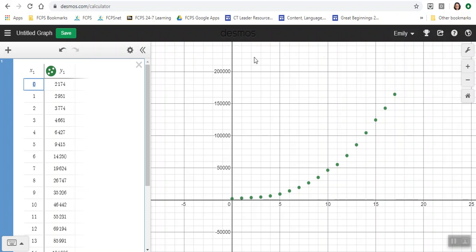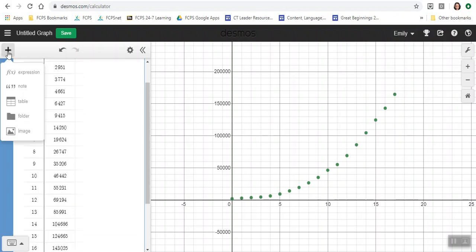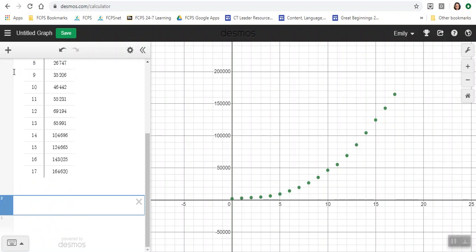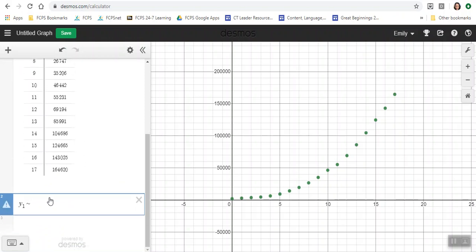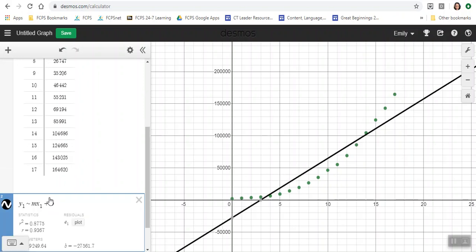Okay, so now we need to do the linear regression. So I'm going to scroll down to the bottom of my data. I'm going to hit plus to get a new line, an f(x) expression, and I'm going to type in the linear regression equation. So hit y1, it automatically lowered the 1 for you. Then the tilde, m x1 + b.